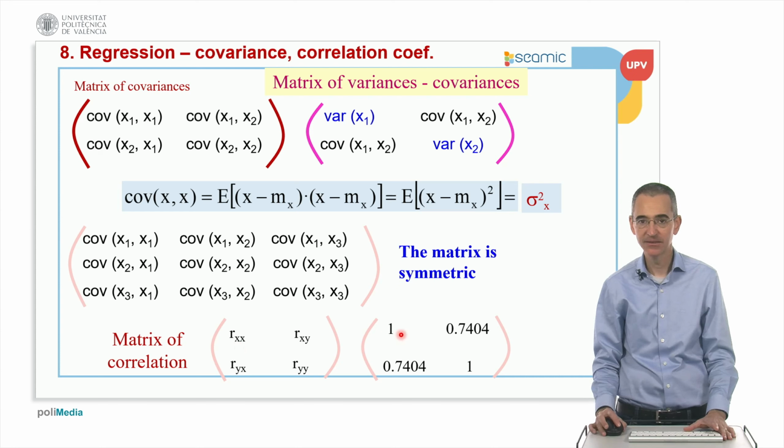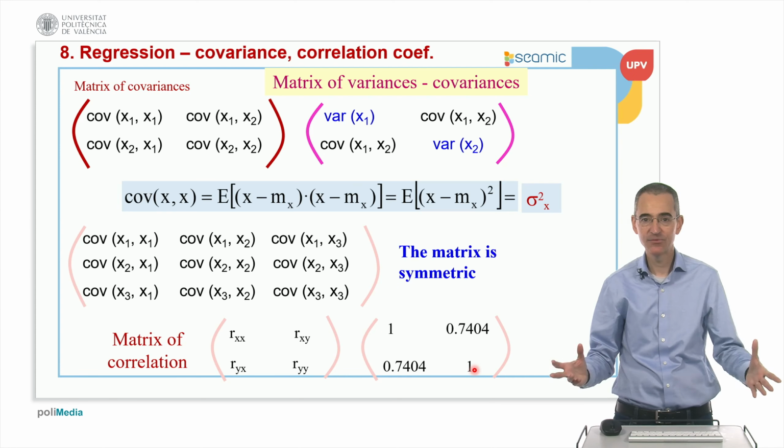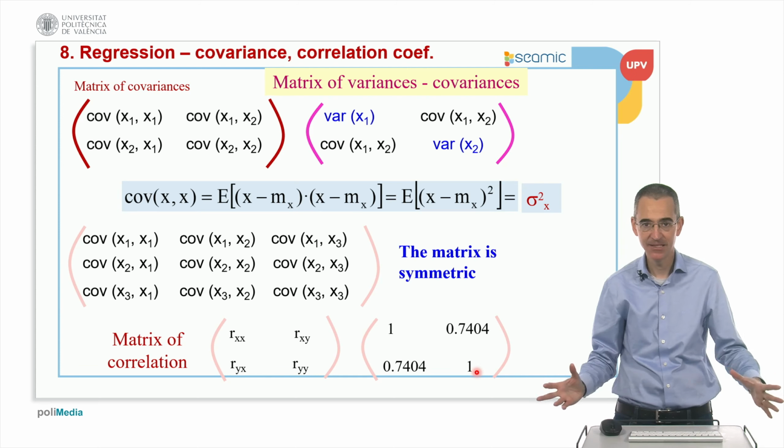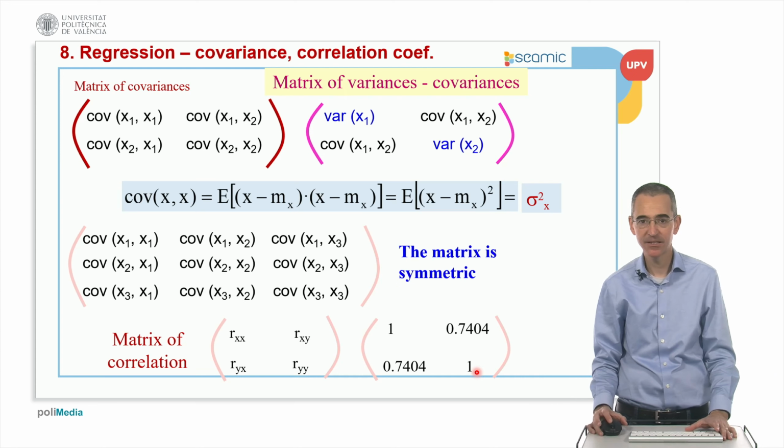So all elements in this diagonal are 1, and this does not provide any kind of information. For that reason, for example, Stargraphics leaves the values in this main diagonal blank, because the information is useless. It's trivial.